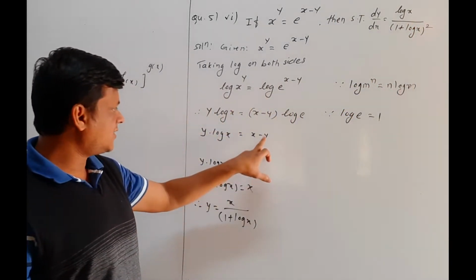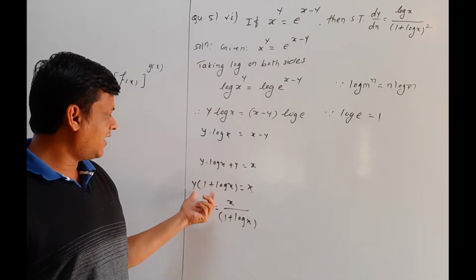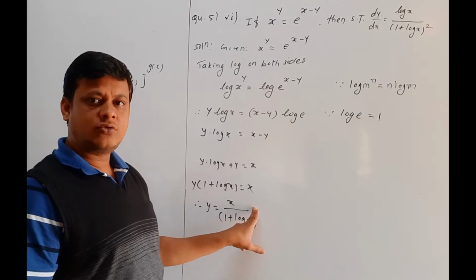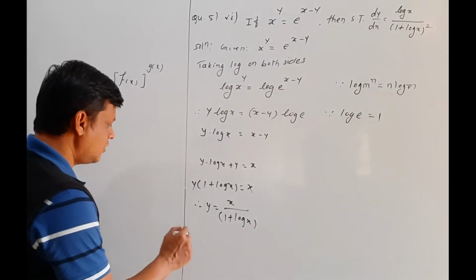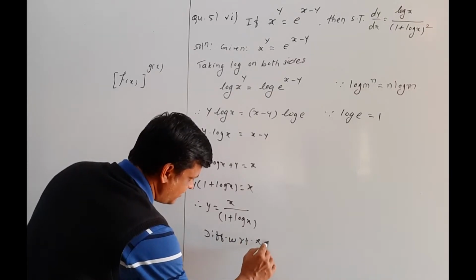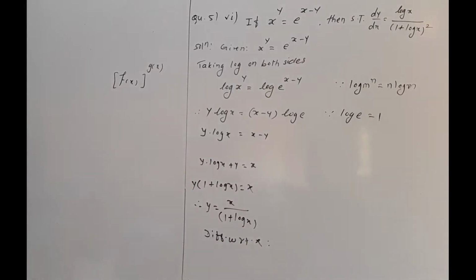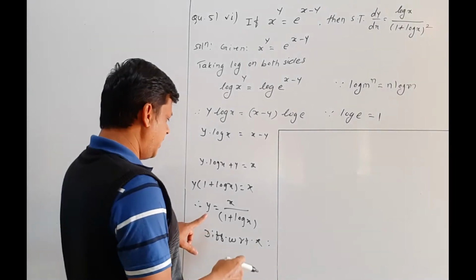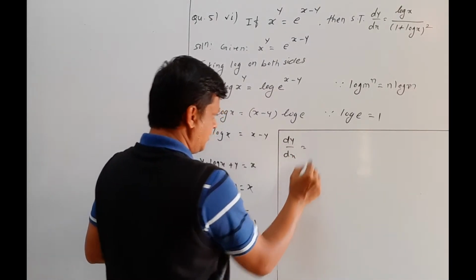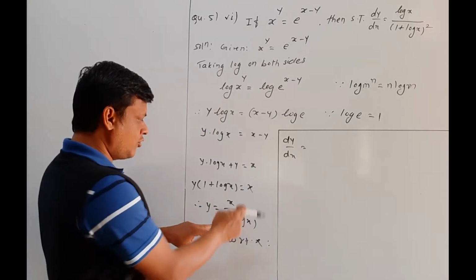So we transfer this minus y to the left hand side and take y common. So here we apply the quotient rule for differentiating this function. So right here, differentiate with respect to x. Now we write the derivative of the left hand side as dy by dx. For the right hand side we have to apply the quotient rule.